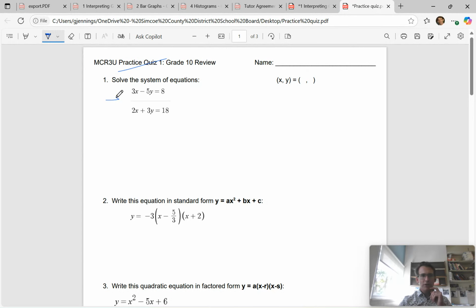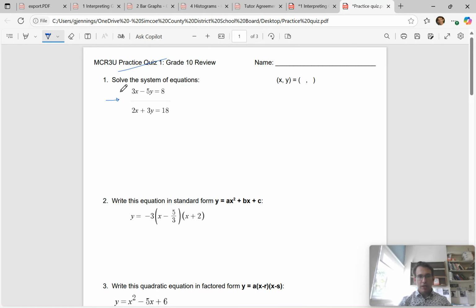Our first thing here, solving this system of equations. There's a couple different ways we can approach this, but in this case, let's go for elimination. I'm going to try to create the situation where I have the same coefficient for one of my variables and an opposite sign.